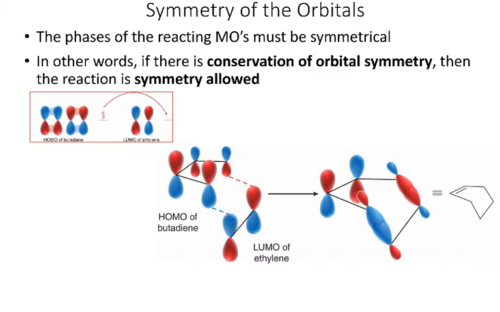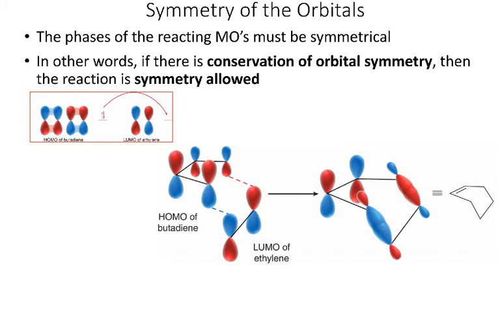So in the case of a 4+2 addition, as in Diels-Alder reactions, the HOMO of the diene lines up symmetrically with the LUMO of the dienophile. And so we get constructive interference, and we can go ahead and form these new sigma bonds.